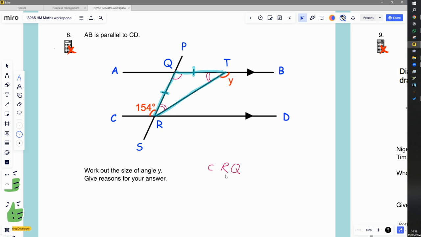If we know that we've got to give reasons for our answer, we might as well, as we're working it out, write down what we've worked out. Otherwise we'd have to backtrack and explain our reasons after we've given the answer. So CRQ and RQT are alternate.